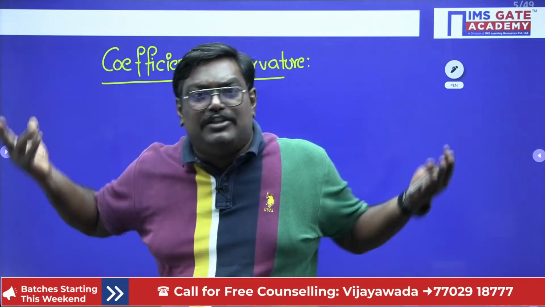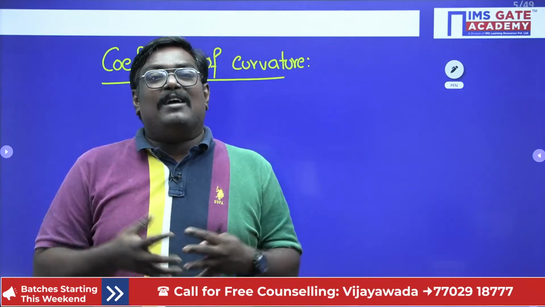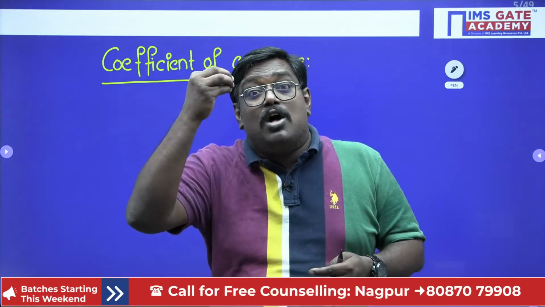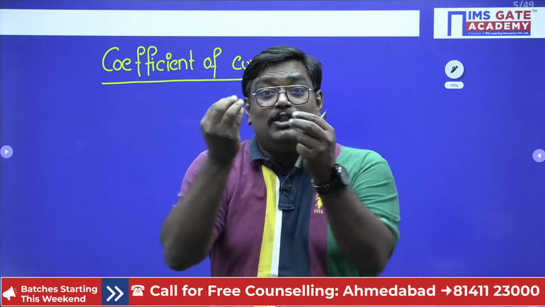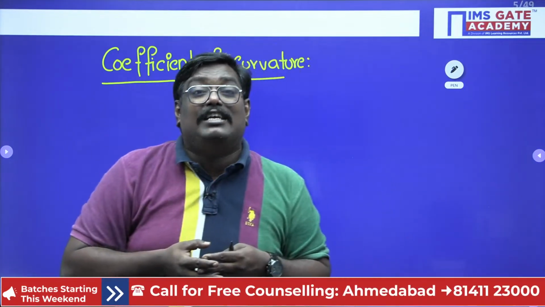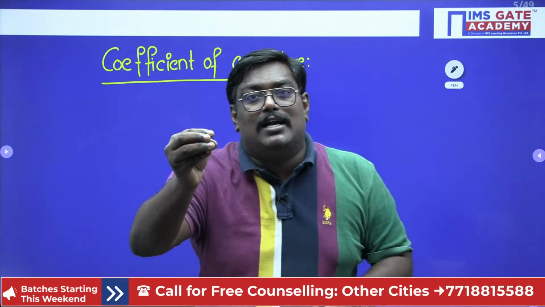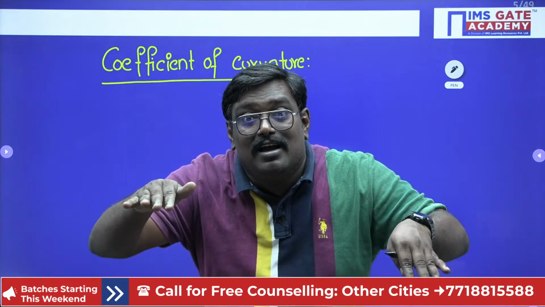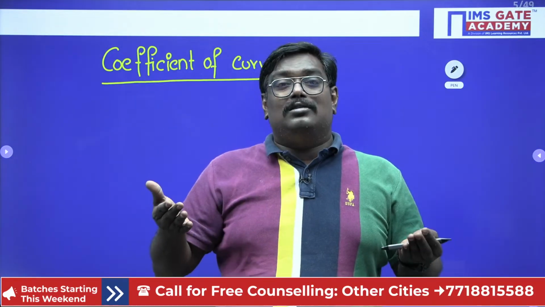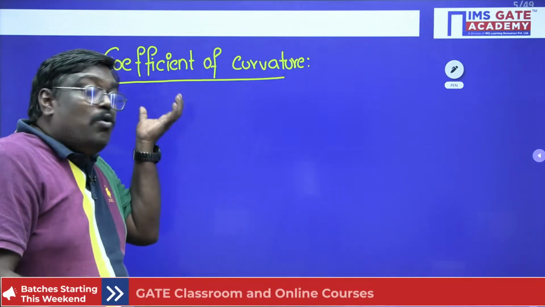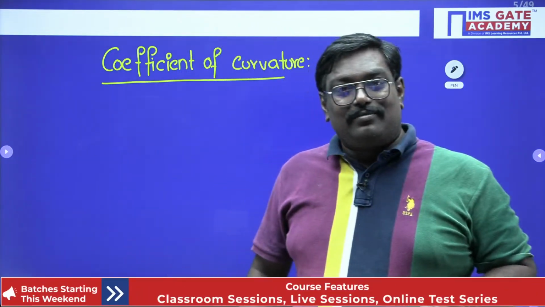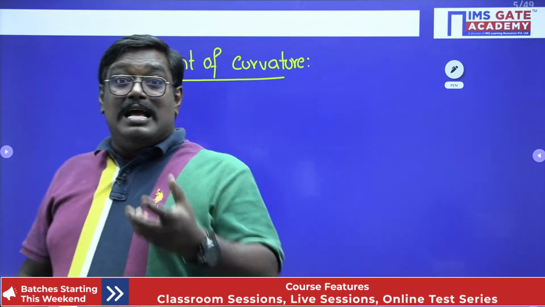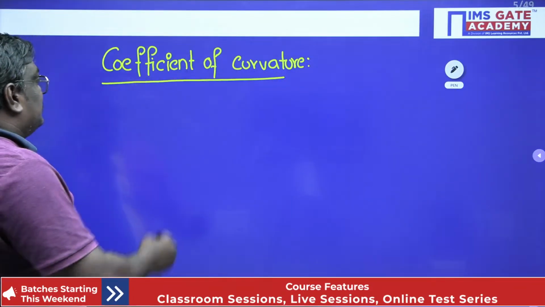Now, my dear students, what is actually a coefficient? If you say coefficient of friction, based on the coefficient of friction, you are going to understand whether the surface is rough or smooth. Similarly, what is the purpose of learning the coefficient of curvature? Curvature, the name itself.